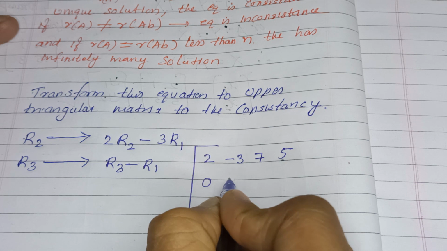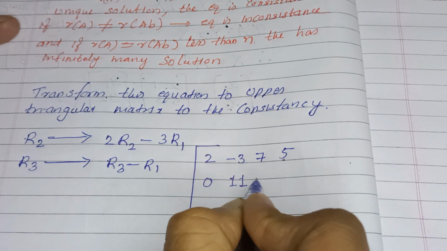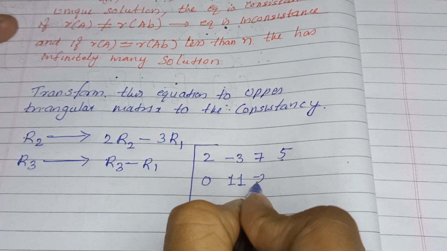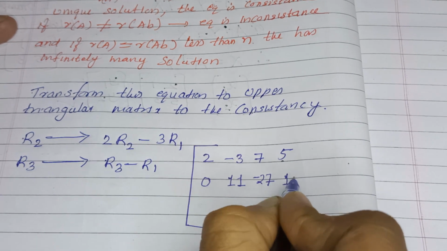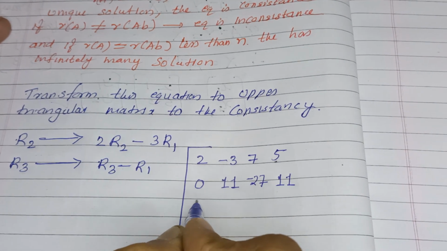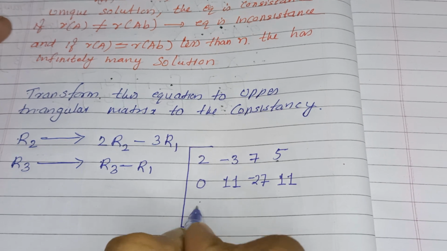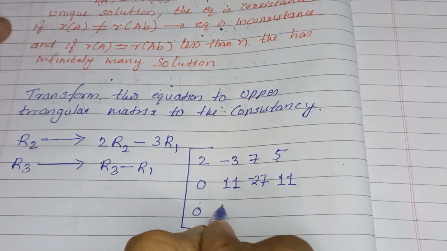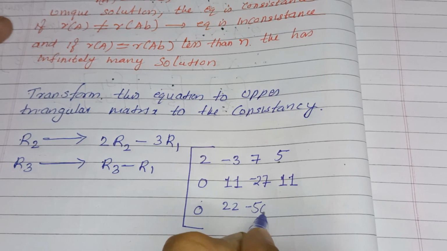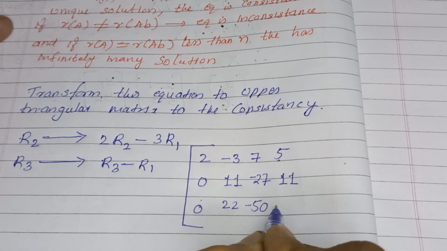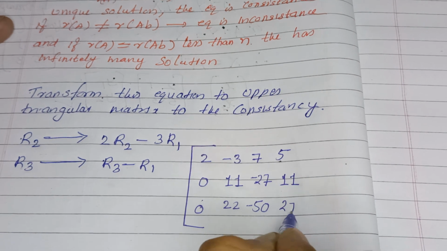Then we get 11, minus 27, then 11, and over here we are getting 22, minus 50, and then 27.